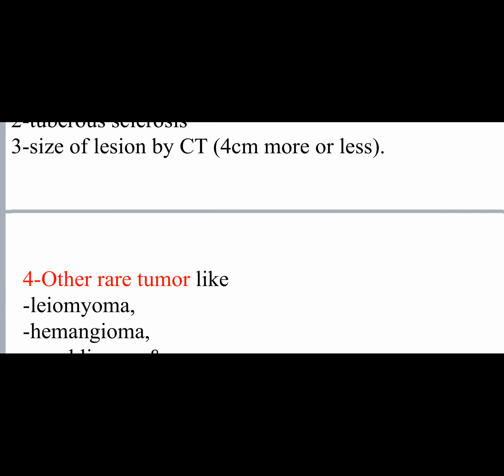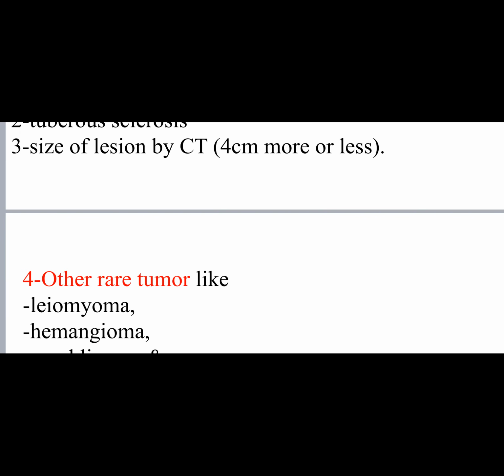But in our minds, with angiomyolipoma of large size, especially in a female and a pregnant lady, there is a risk of spontaneous rupture of the angiomyolipoma. So the patient presents with bleeding like hematuria or retroperitoneal hematoma.